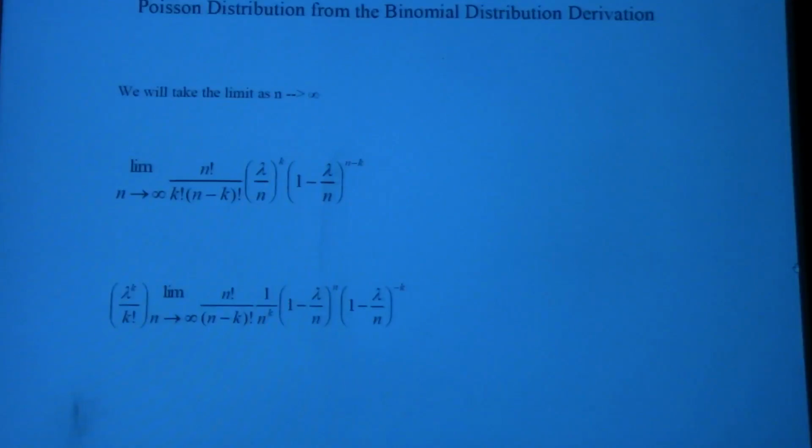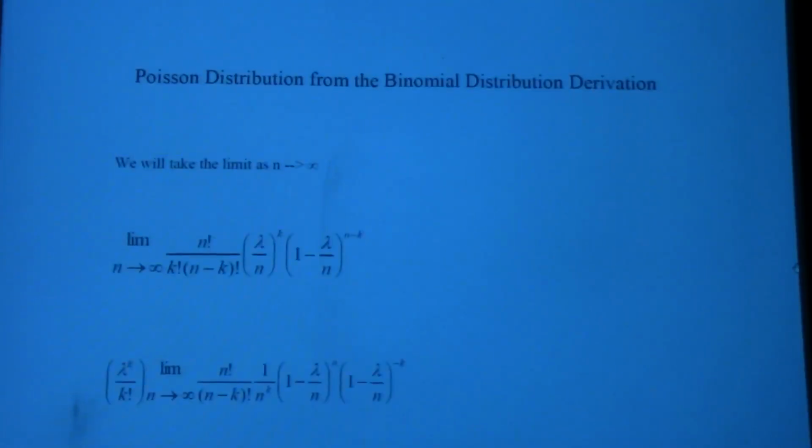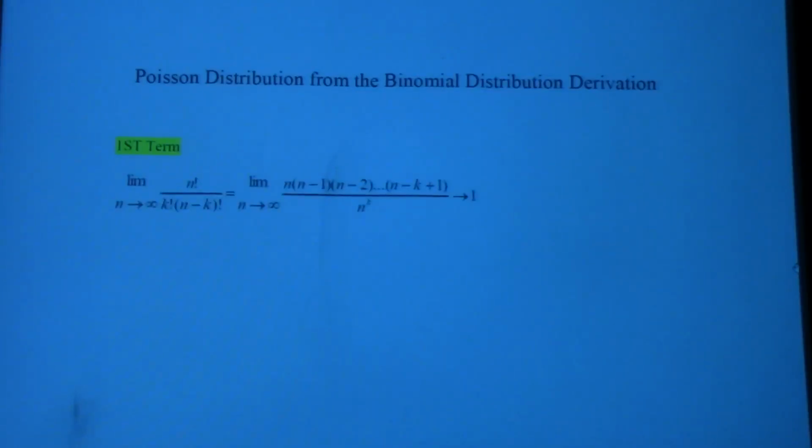Yes, this is good. Now we're going to take the limit of these terms as n goes to infinity. The first term is n factorial over k factorial times n minus k factorial.